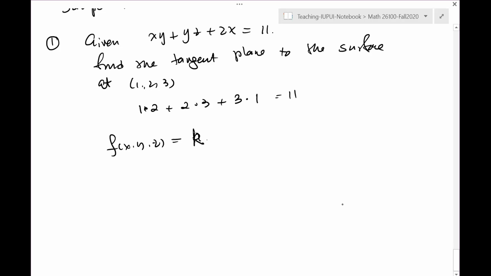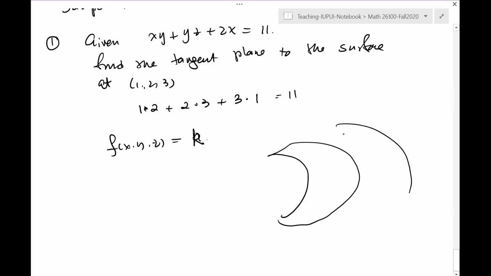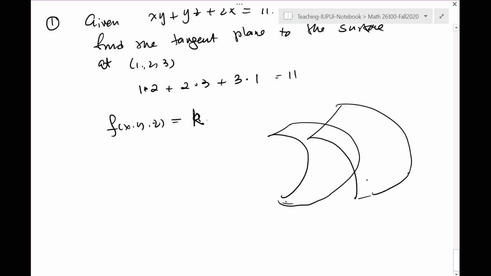So the level surface could be several levels, depending on the value of k. So you have a slice in space for different values of k, as long as the function is given.